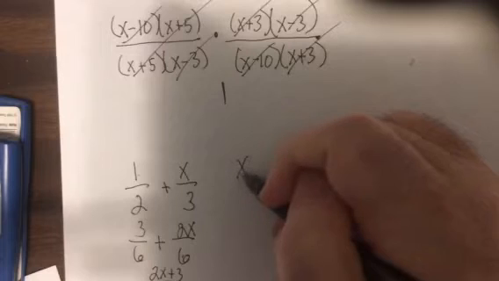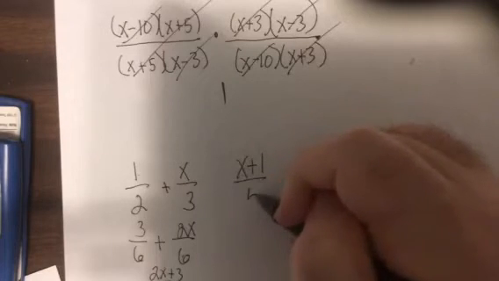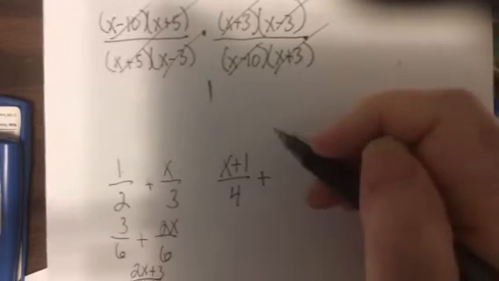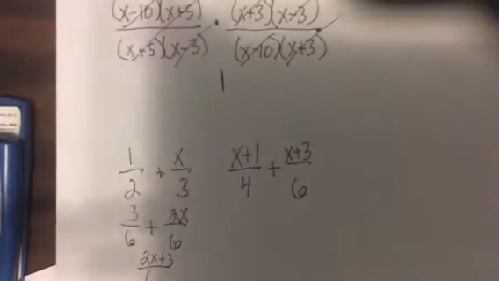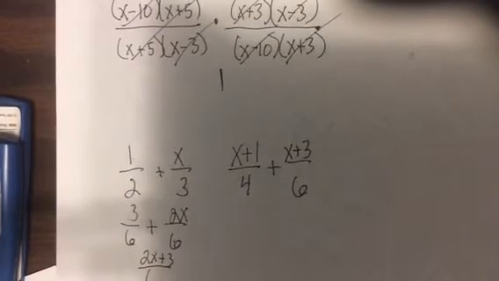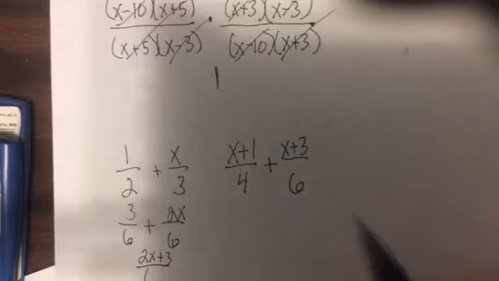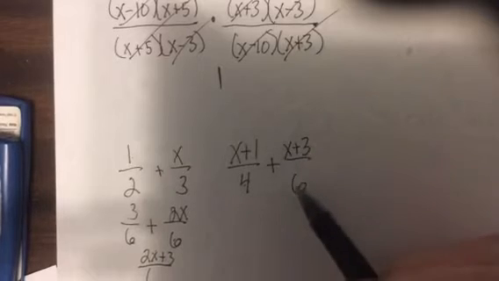So let's have x plus 1 over 4 plus x plus 3 over 6. Now, if you're good at numbers, just say, hey, what number does 4 multiply into or divide into would be a better way to say it, and 6 divide into that both of them go into.